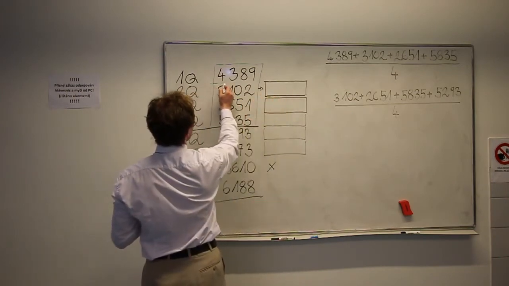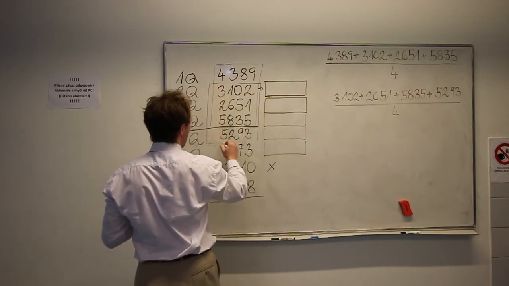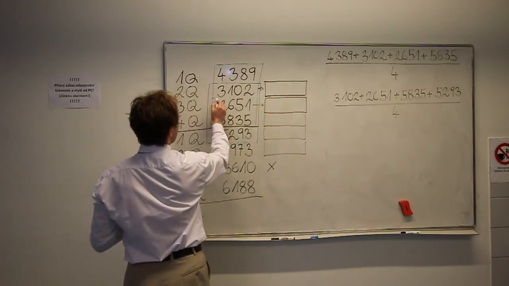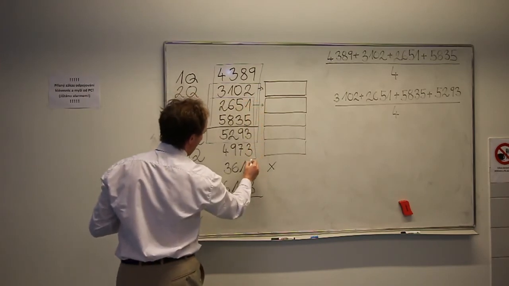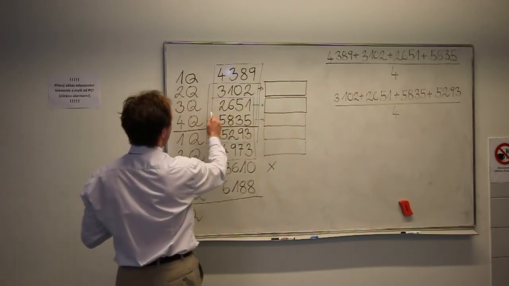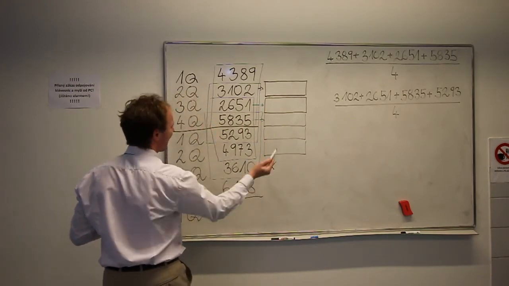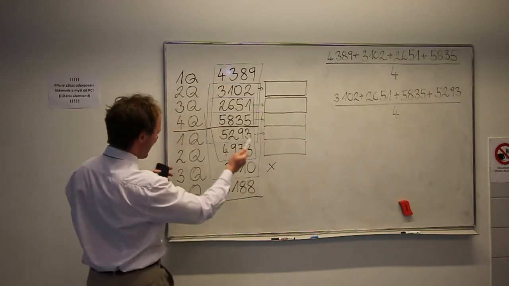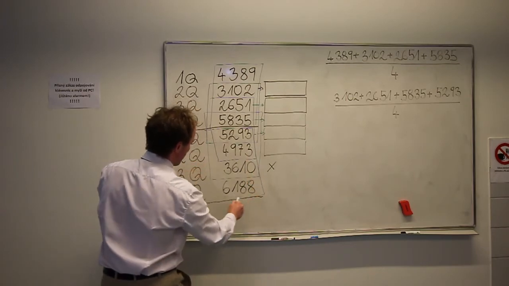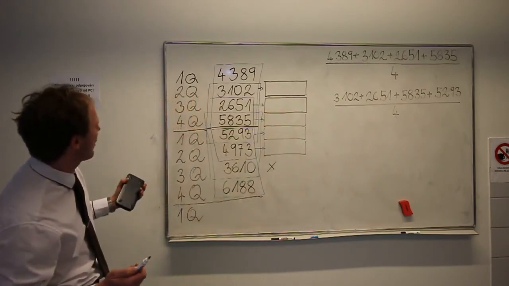The result will be here, and we are moving here, and there will be another result, and again we are moving, and there will be another result, and finally from these last 4 values will be calculated this value.